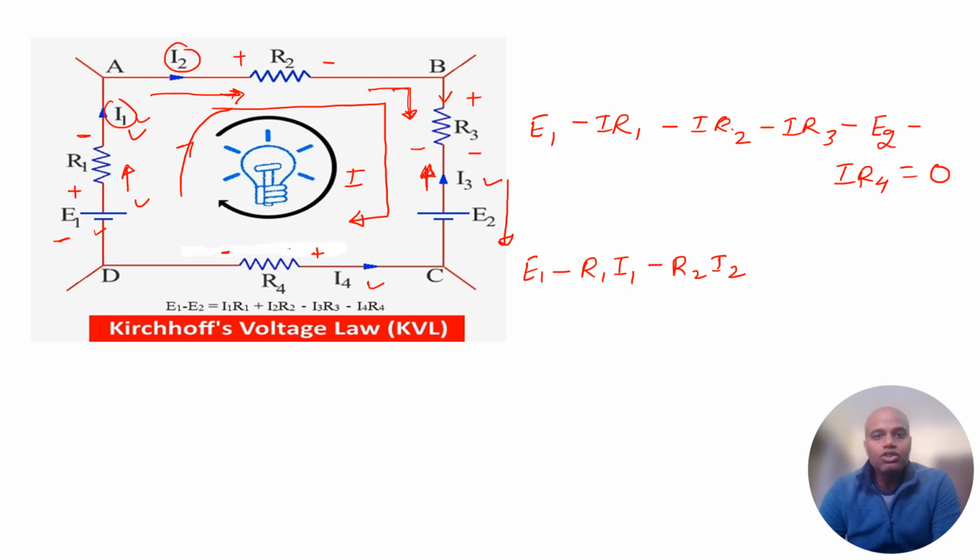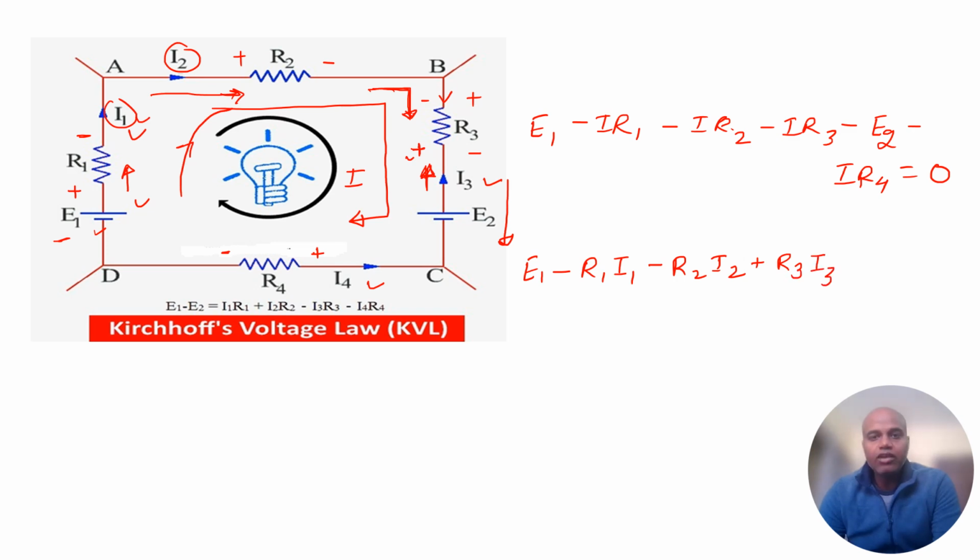The voltage drop across R3 has plus and minus, and I'm entering from the lower potential and going towards the higher potential, so this voltage drop will be plus R3 and I3.